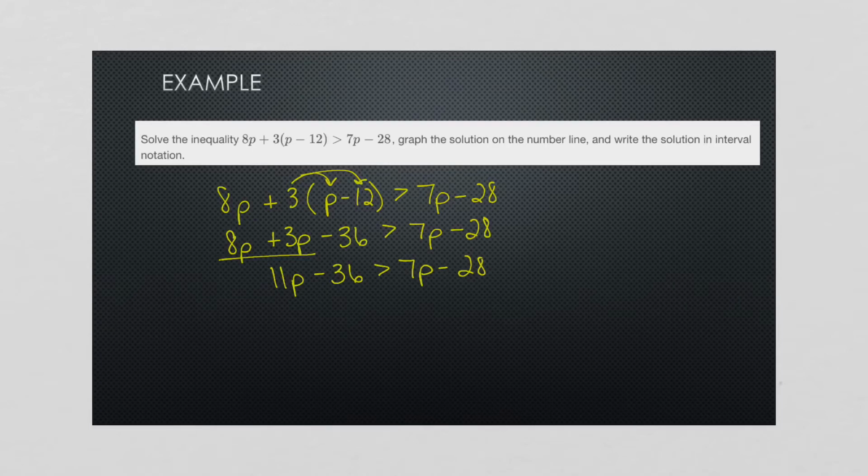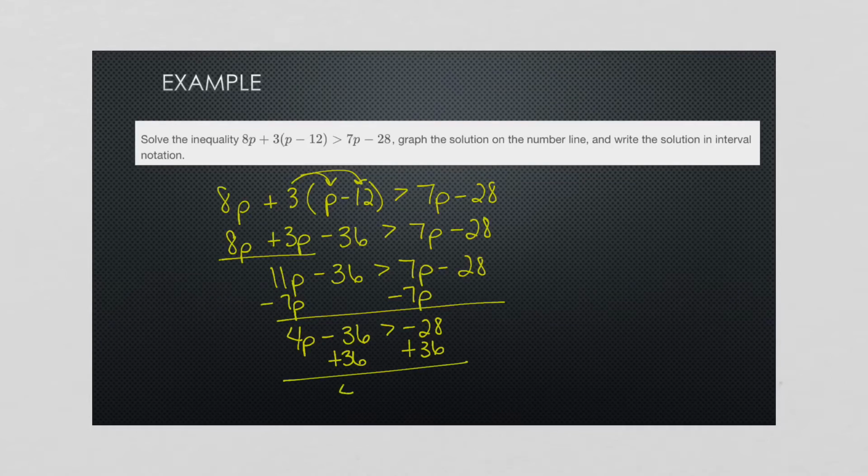So I'm going to move my p's, my variable terms, to one side, and my constant terms are going to be on the other side. I would add 36 to both sides. And now I would divide by 4.